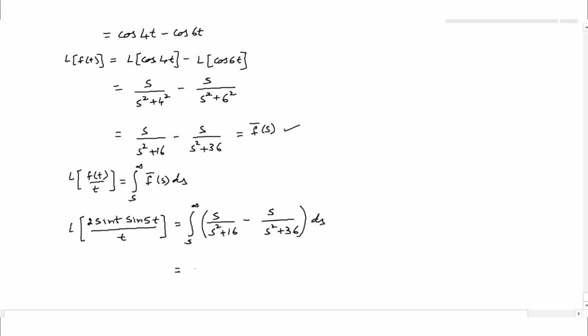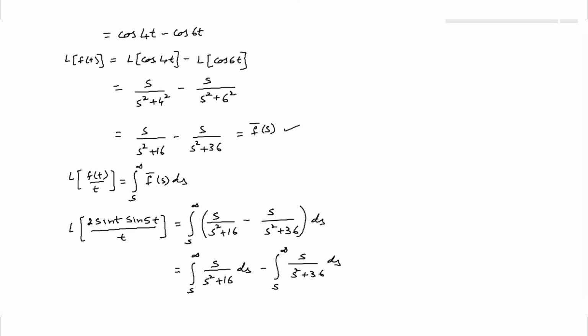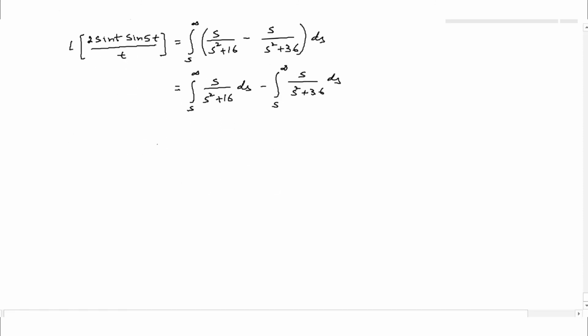You apply the integral separately for each of the terms. It is integral s to infinity, it is s by s square plus 16 times of ds minus integral of s to infinity, it is s by s square plus 36 times of ds. So once again, as we have done in the previous example, the derivative of s square plus 16 will be 2s. So multiply by 2 divided by 2.